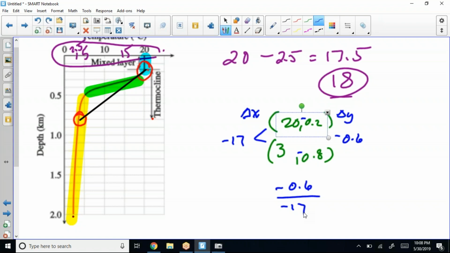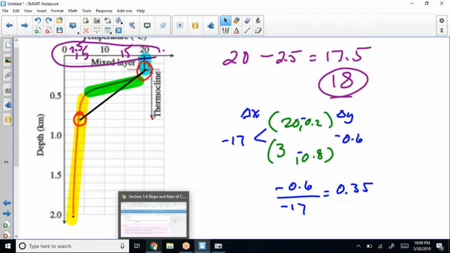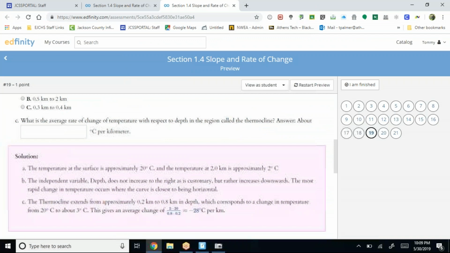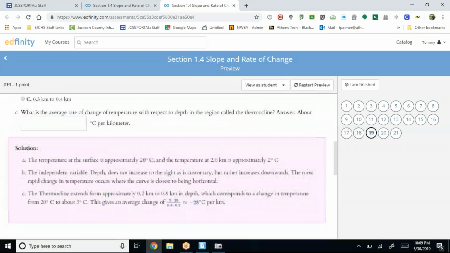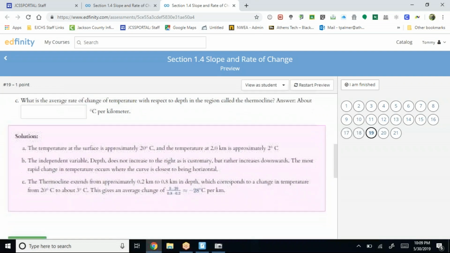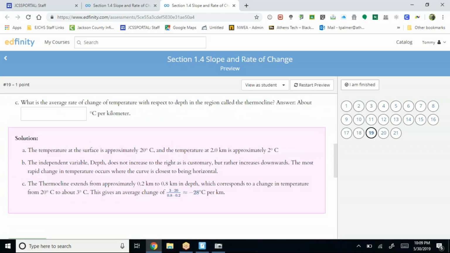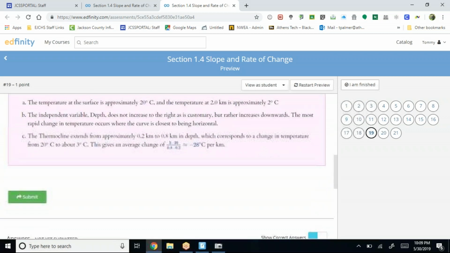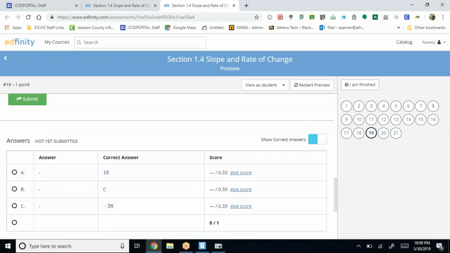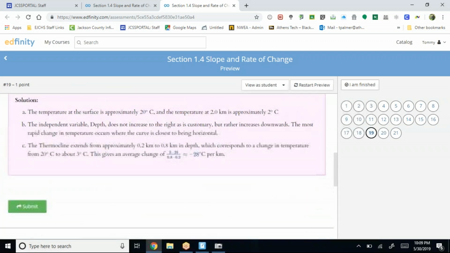All right. So 6, 17, boom, boom. 0.35, right? That's what I got. So let's go see what they got. Why are they doing that? I didn't get negative 28.